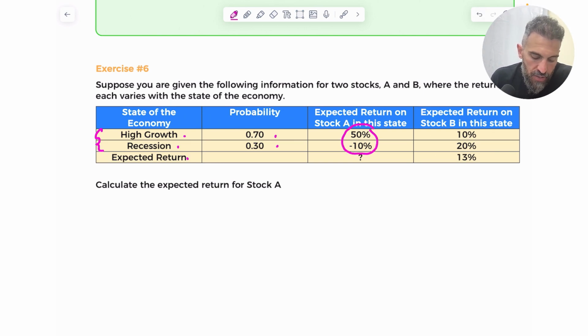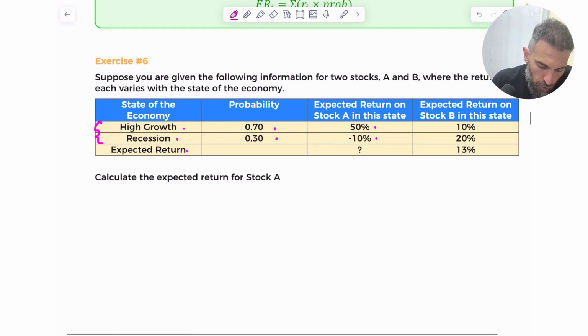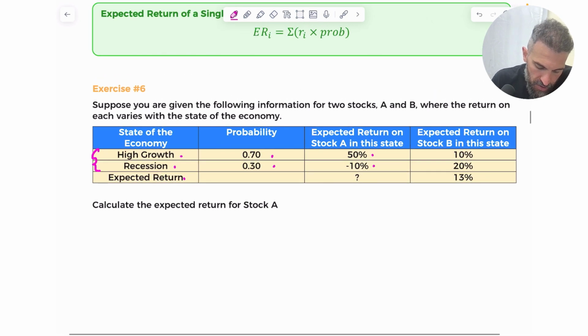So what we're saying here is, if the economy goes into a high growth state, stock A will earn 50%. If it goes into a recession, stock A will lose 10%. So what is your expected return? What is the average return per year? Well, if you follow the formula, all you're going to do is the return multiplied by the probability, and you're going to do that for each of them.